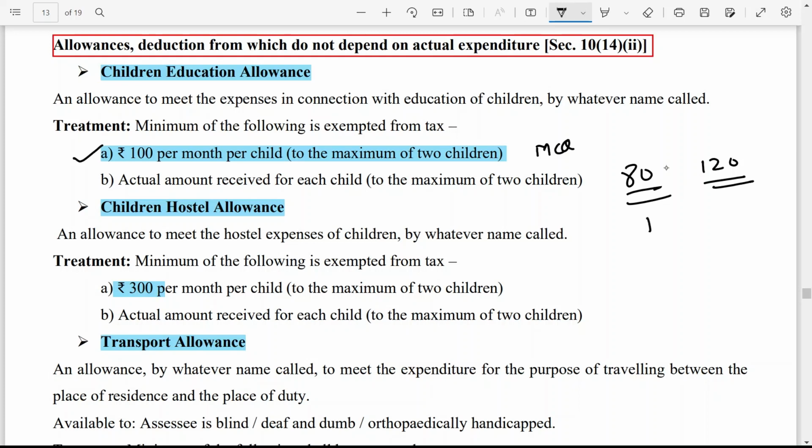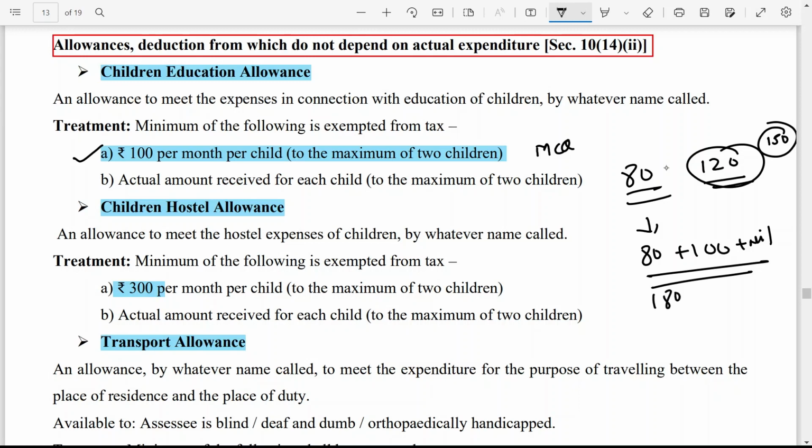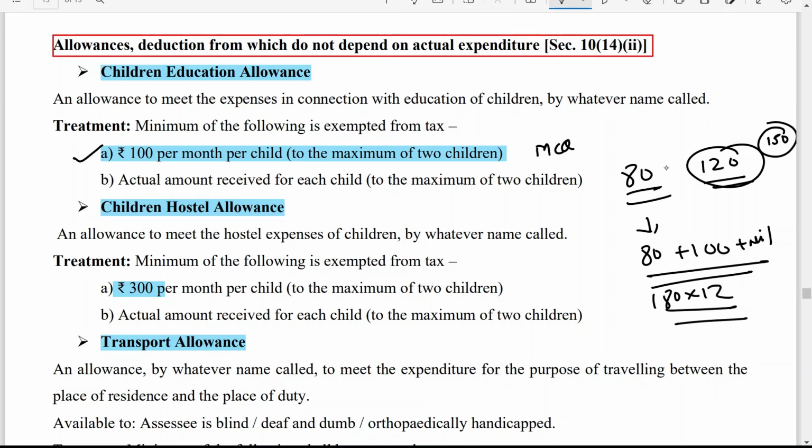So for the first child he will get a deduction of 80 only, and for the second child he will get a deduction of 100, and for the third child, let us say he has received 150. Now he will not claim this deduction. That means no deduction is available for the third, because deduction is available only for two children. So 80 plus 100, that means 180 multiplied by 12 you have to make it. So you have to remember this.